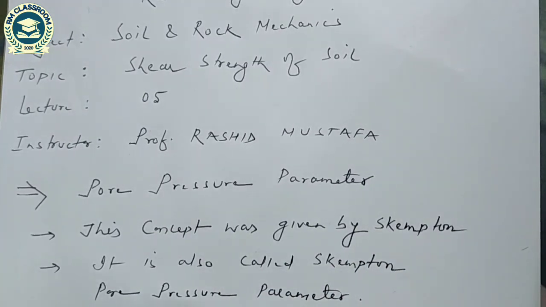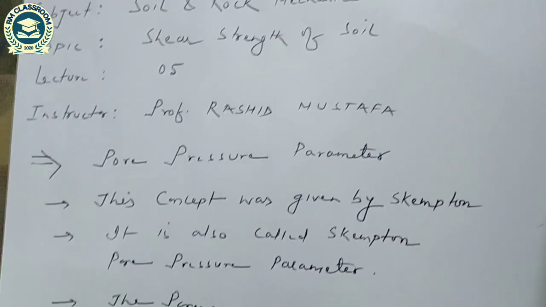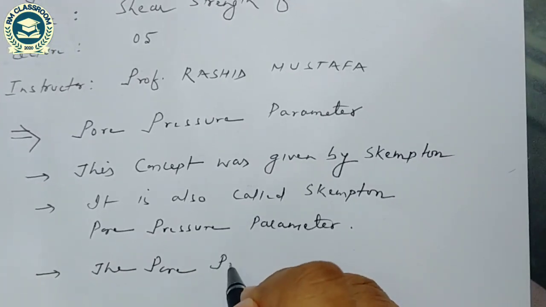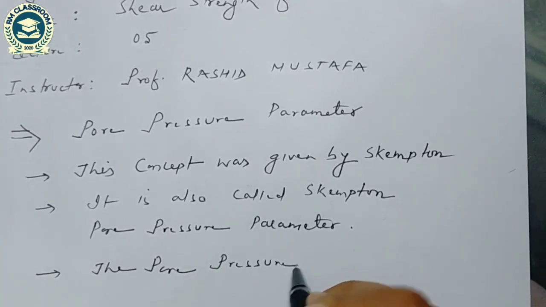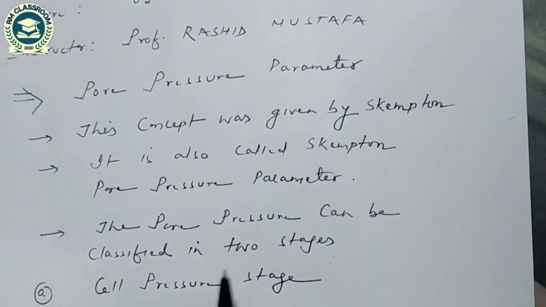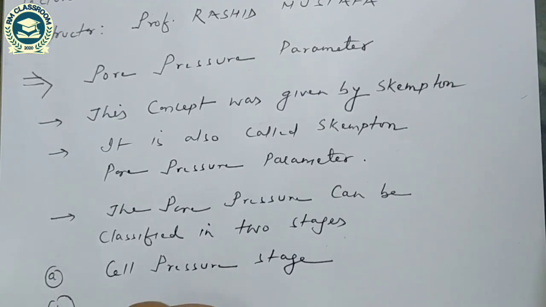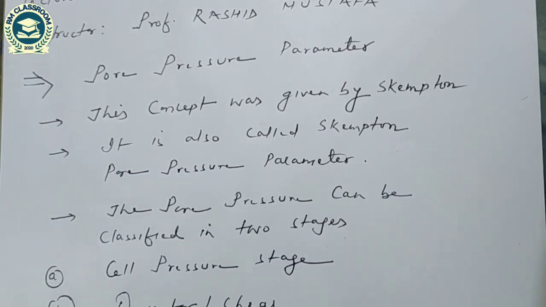The pore pressure can be classified in two stages. The first is called the cell pressure stage and the second one is the deviator or shear stage.